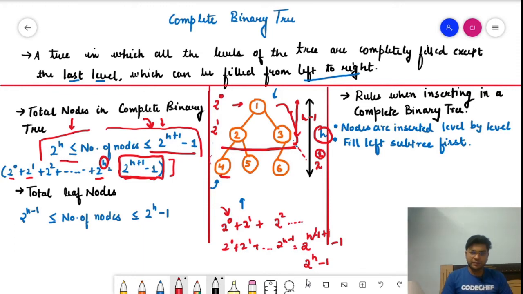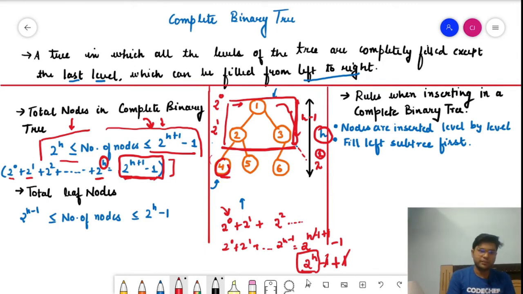So we have plus 1 for fulfilling this condition. Till this position we have 2 to the power h minus 1 nodes, and at this level we should have at least one node. So the minus 1 and plus 1 get cancelled, and the bare minimum number of nodes for the tree to have height h is 2 to the power h. That's why we have written this 2 to the power h.